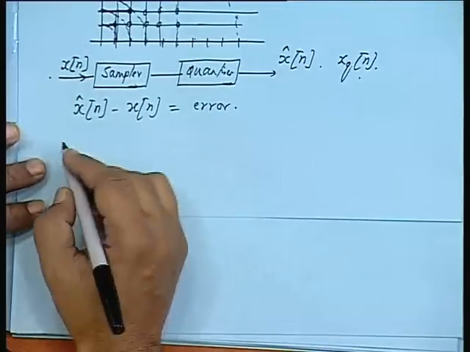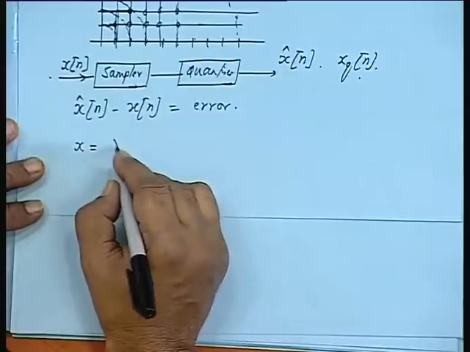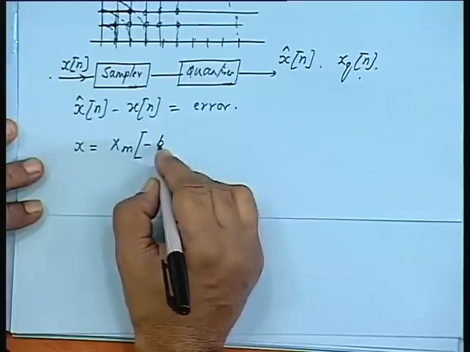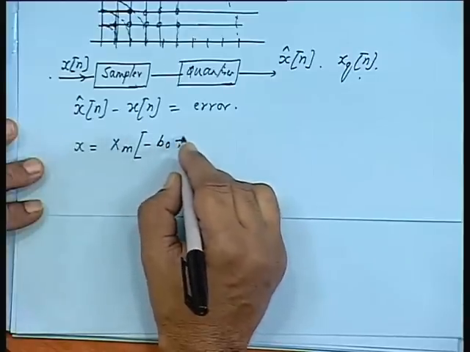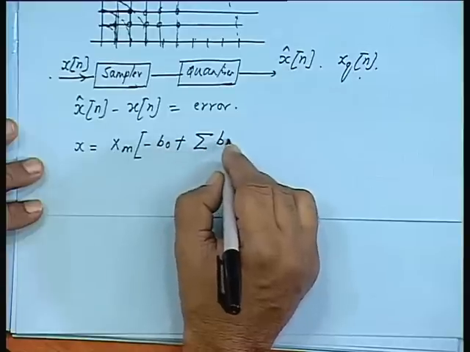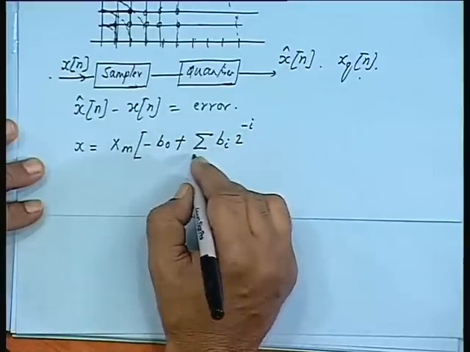Now, any real number x we are expressing as some x m into minus b 0 plus b i 2 to the power minus i in the 2's complement form.